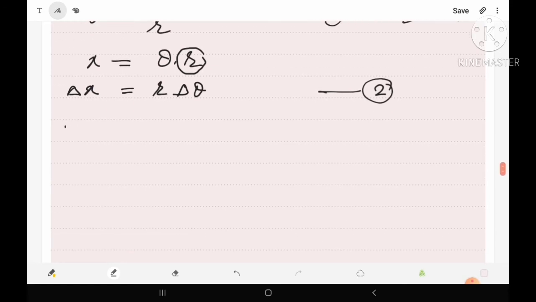Similarly we know the relation between angular momentum and linear momentum. Angular momentum L is equal to the cross product of the radius and the linear momentum P, because angular momentum and momentum both are vectors. This is the relation which we have studied in the previous classes.